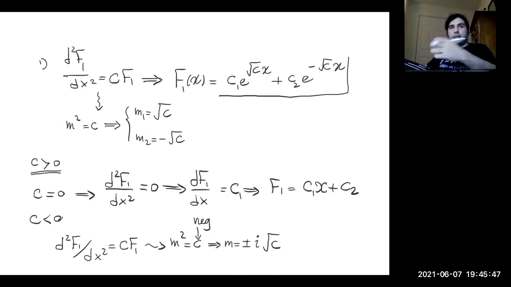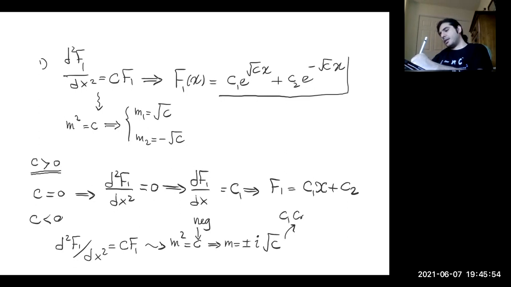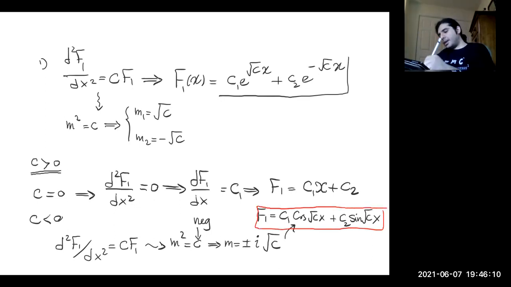So we would get cosine and sine: c1 cosine of square root of c x plus c2 sine of square root of c x. This would be the solution in the imaginary case. Sorry, this would be minus c under the radical because c is negative.